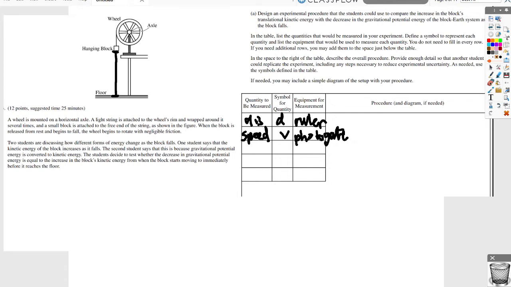Or I could measure time. Yeah, in fact, I'm going to measure time. Is that a good idea? Is acceleration constant? I think it is. So time, that's t, and the equipment is a stopwatch.